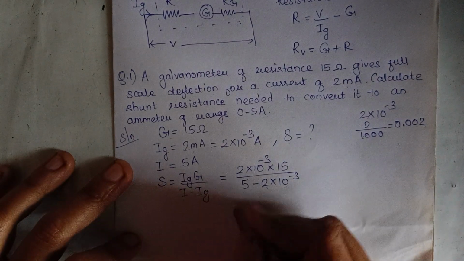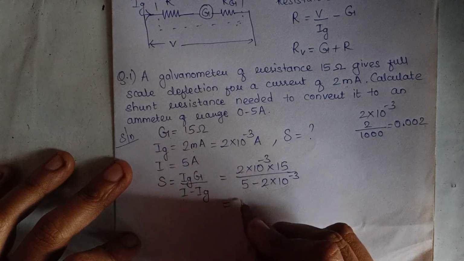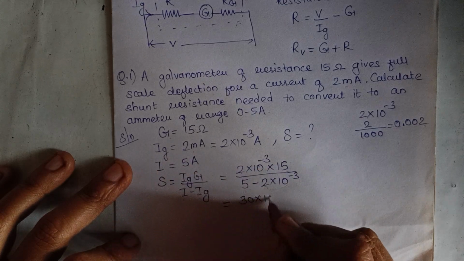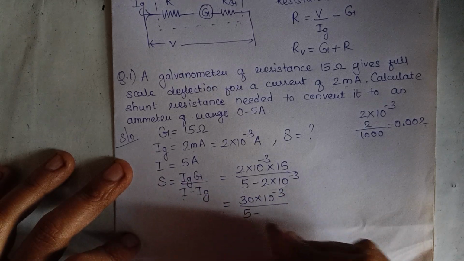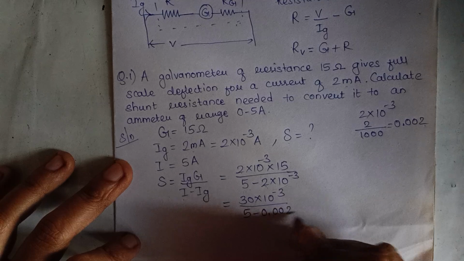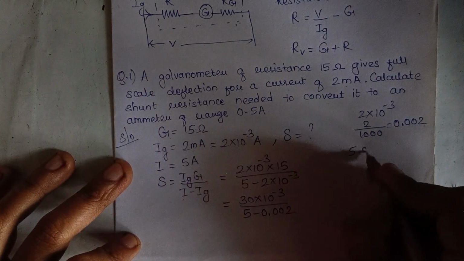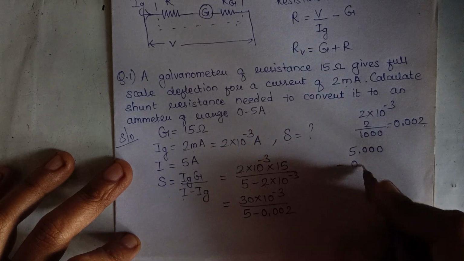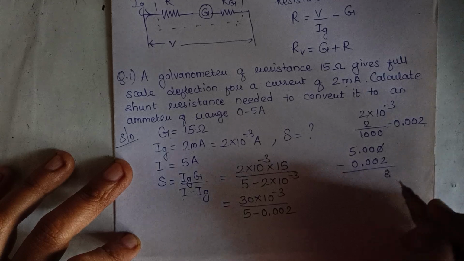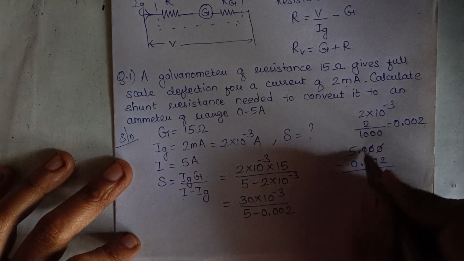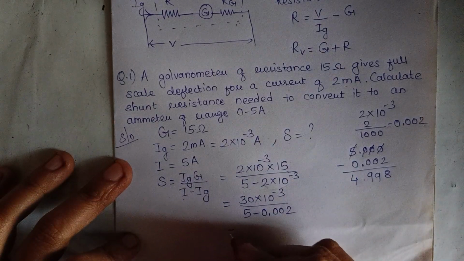So you have to write it here. I'll write this: 15 2s are 30. So 5 minus 0.002, and then you have to do the subtraction. That is 5.000 minus 0.002, which is 4.998.